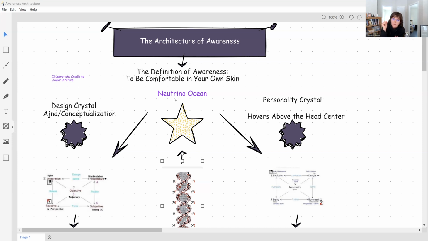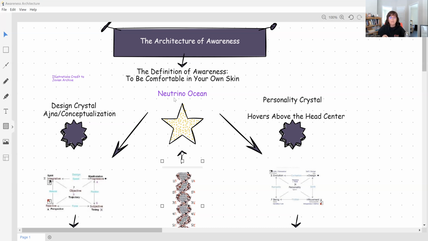That's exactly what you are, my friend. You're a data collector. Anything that you see on the outside world is actually the magic that you already hold inside of you. The neutrino ocean is flowing through you and is providing you with all the data, all the potential, at all times.